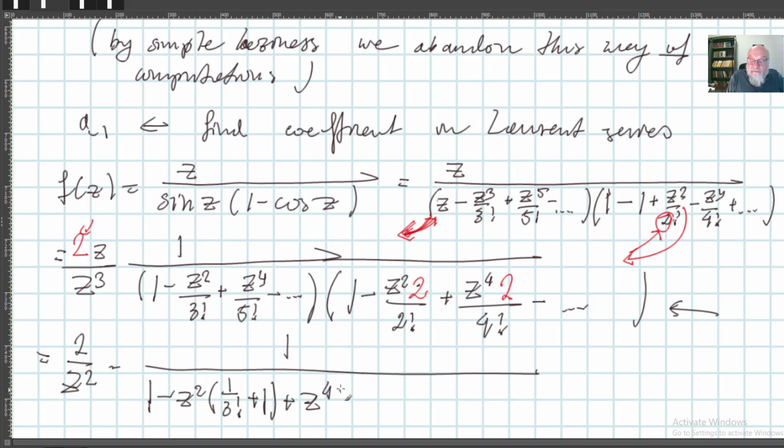I'm getting 1 over 5 factorial plus 2 over 4 factorial, and then plus again 1 over 3 factorial, which is the product of these 2, and then minus another one, and so on.